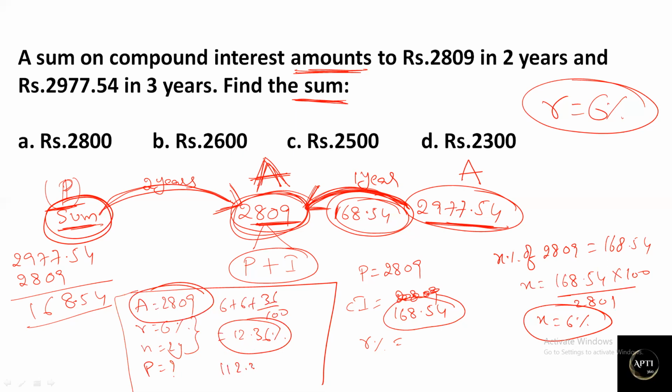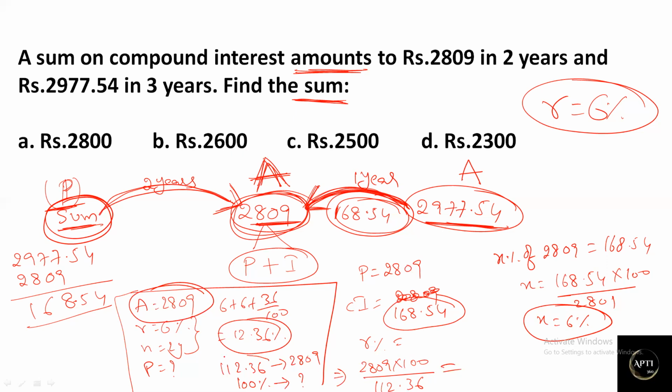So 112.36% is 2809. What we need to find is the principal amount. So 100% is how much? You just need to do cross multiplication: 2809 into 100 divided by 112.36.